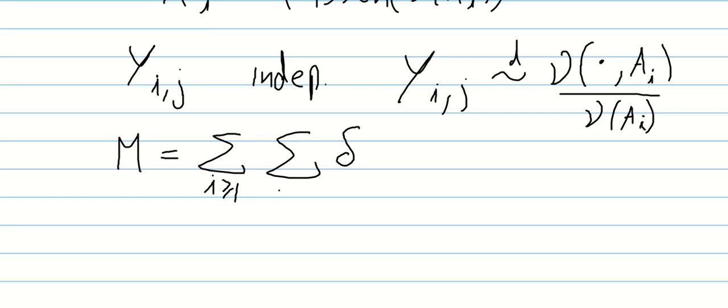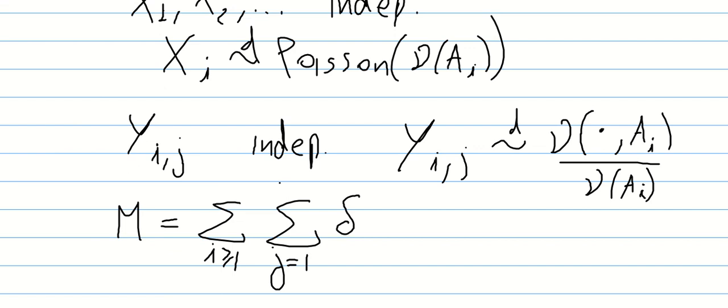Now for a given region, we are going to sum j only from 1 until ξ_i. So if we have 3 points, this is determined by the fact that ξ_i equals 3, and you're going to only sum j from 1 to 3, sorry, to ξ_i, which is 3. And the delta is on Y_ij.